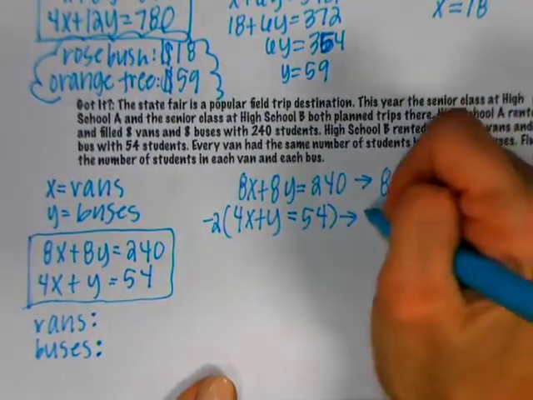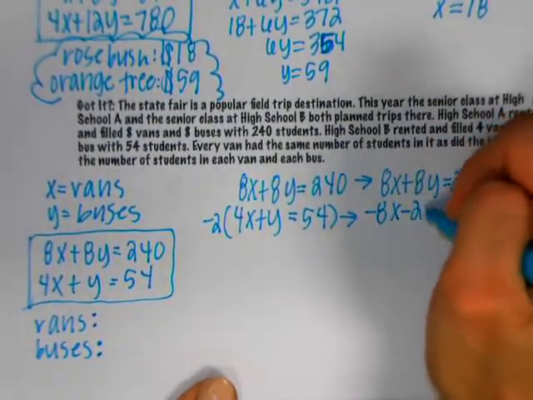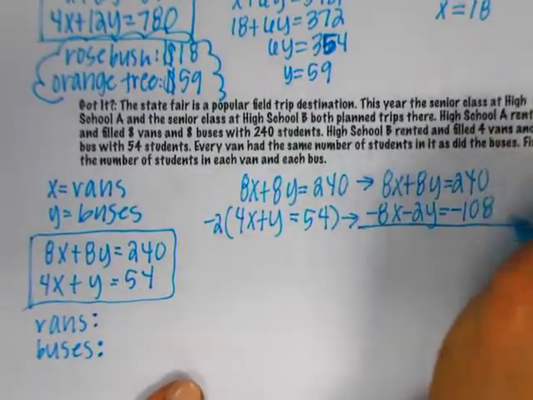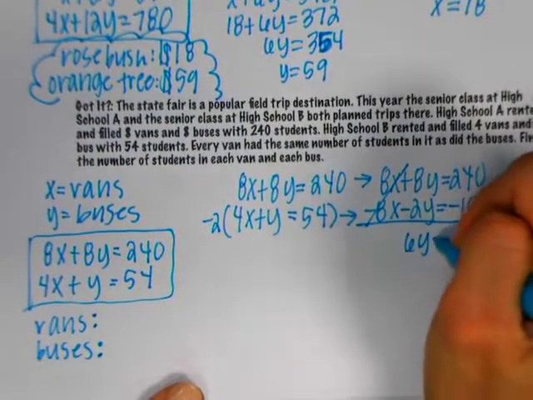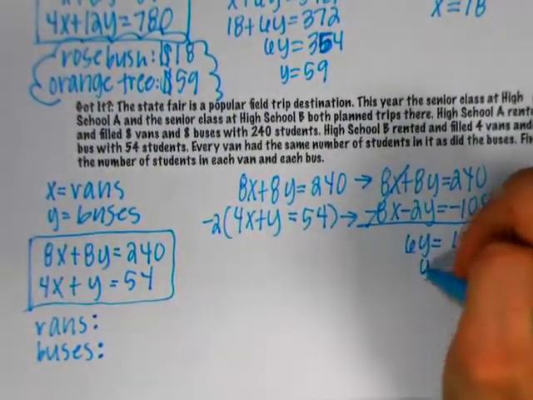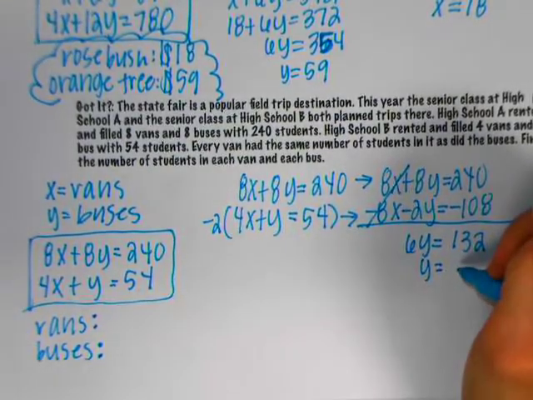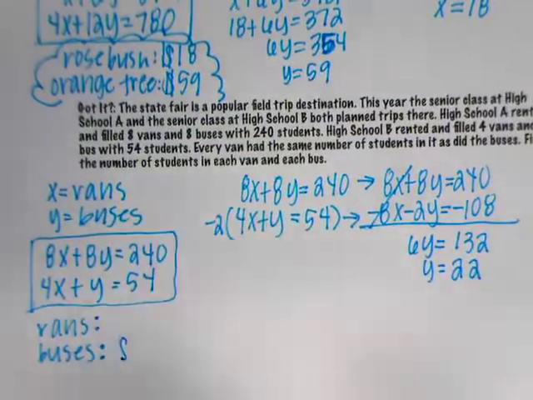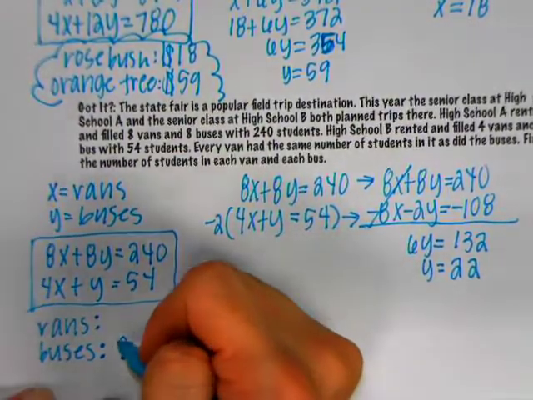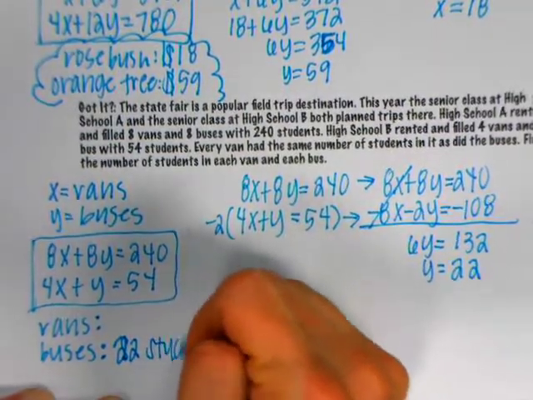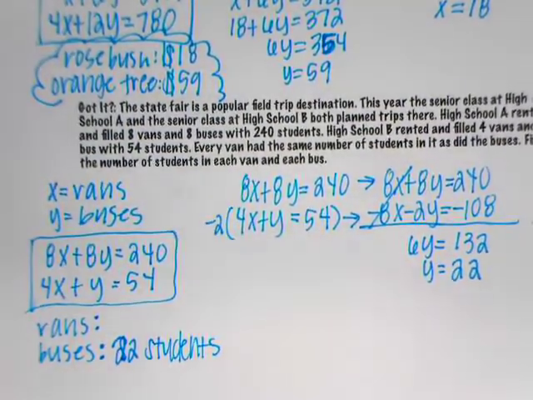So you'd have negative 8x minus 2y equals negative 108. 6y equals 132, so what's y equal? 22. And that's buses, so buses are... not dollars. It's 22 what? Students. Okay, 22 students.